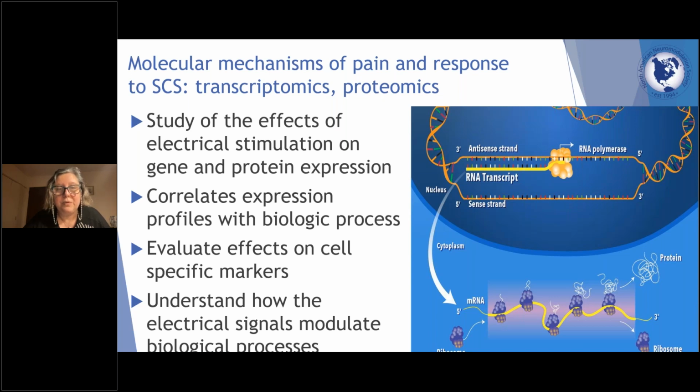In order to understand how they respond, there has been a lot of research and activity recently on transcriptomics and proteomics. These are the sciences that study the effects of electrical stimulation on gene and protein expression, basically correlating the expression profiles with biological processes, thus understanding how electrical signals can modulate the biological processes themselves, primarily in the glial cells.